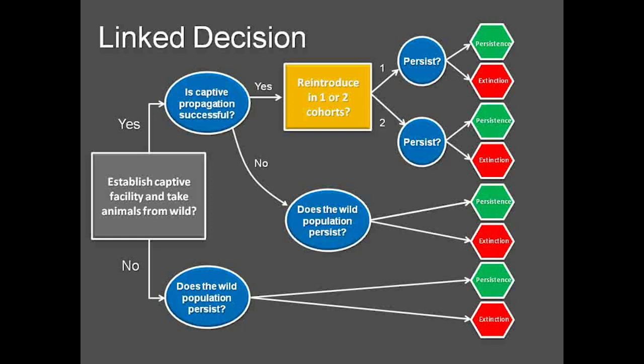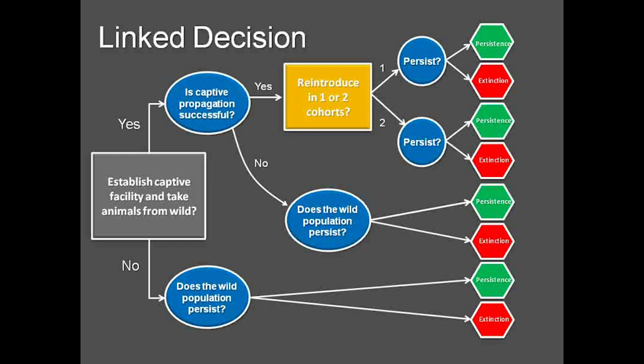If it's not, then you've put resources and taken animals in from the wild, and the population has not successfully propagated in captivity. But if it does successfully propagate in captivity, then sometime in the future, you have to decide whether or not you would reintroduce those animals into the wild.